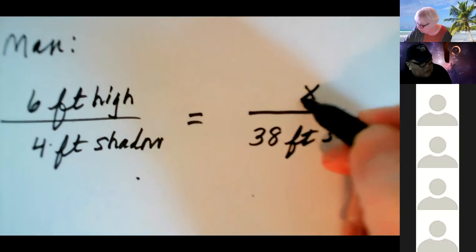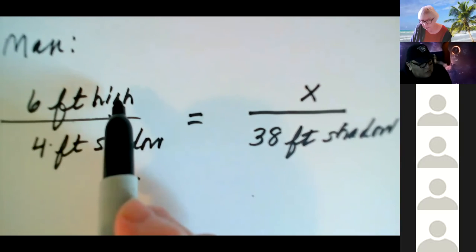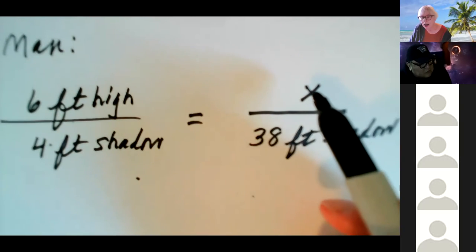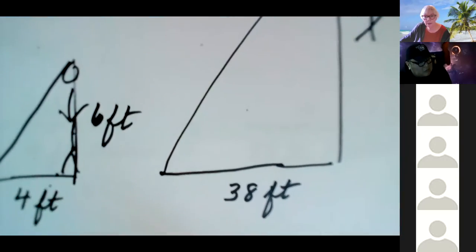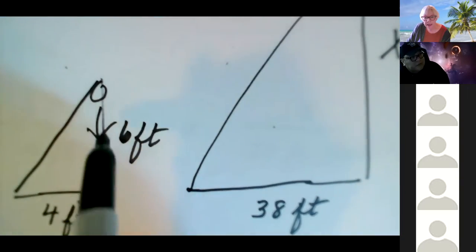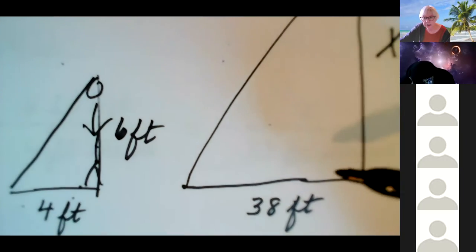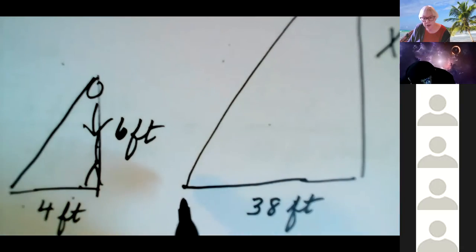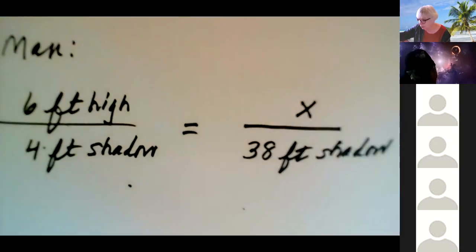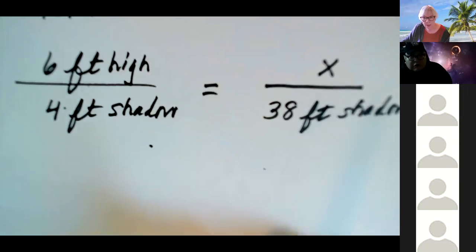Because what we want, we know the height of the man. We want the height of the tree. Let me come back to this. We know the height of the man and it has a shadow. We want the height of the tree. This was the height of the tree compared to the 38 shadow. Let's see how tall this tree was.